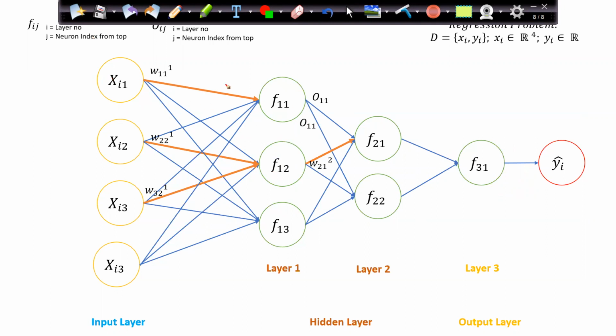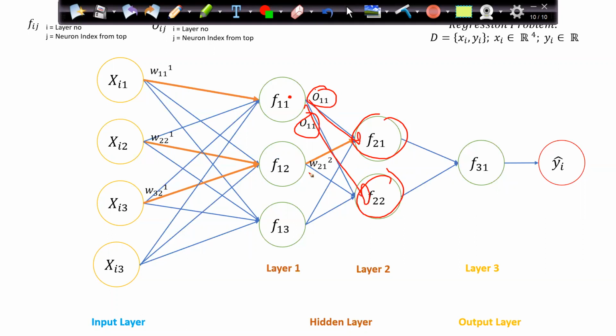Now here I am going to get the output, which is denoted as O. These are my outputs. So O11: the first 1 is the layer number, the output which I am getting from the first layer, that's why O1. j is my index from the top. The output from this neuron is going to this neuron and this neuron, so you can see O11 going here and here.